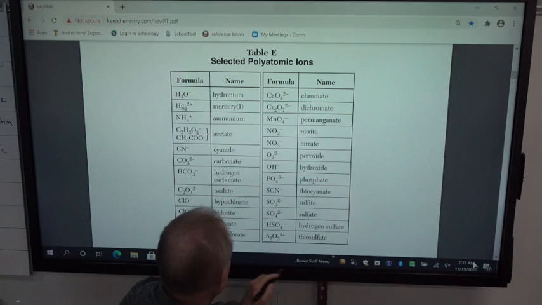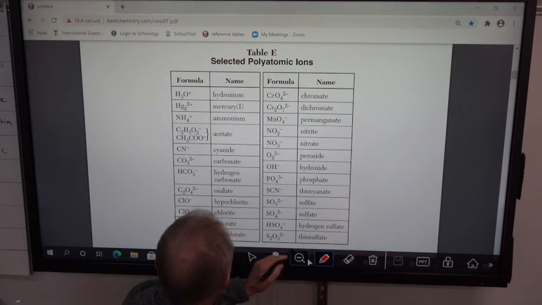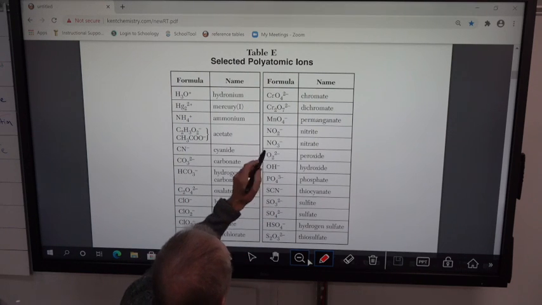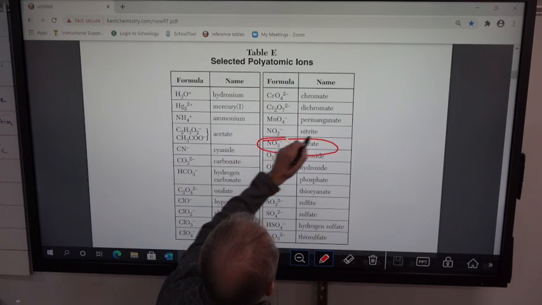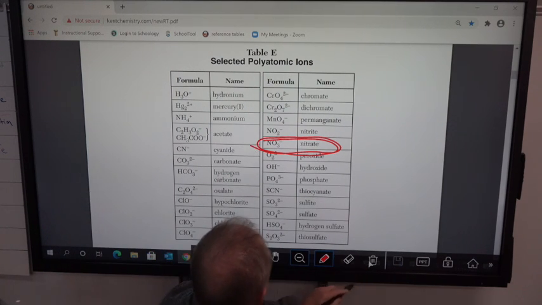You look up nitrate, and nitrate, it's right here. Nitrate is NO3 minus 1. So that's what we're going to use.